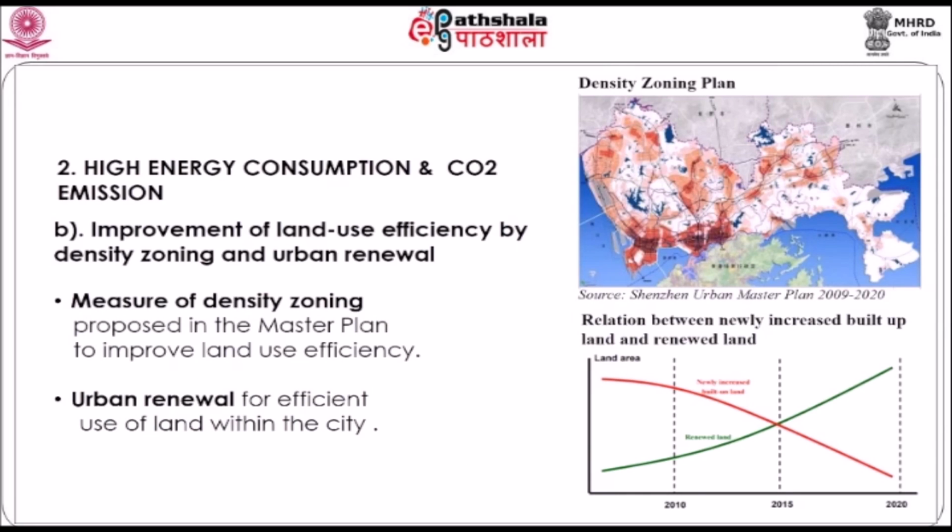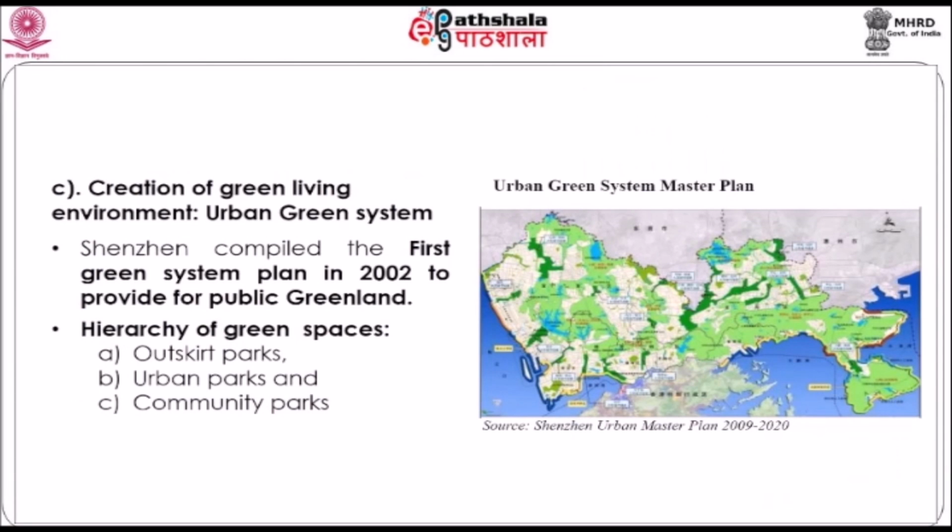There were measures like density zoning, which was proposed in the master plan to improve land use efficiency. Then urban renewal for efficient uses of land was proposed within the city. A hierarchy of green spaces was put forth as outskirt parks, urban parks and community parks.